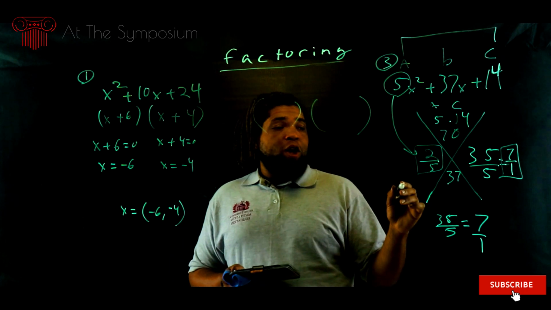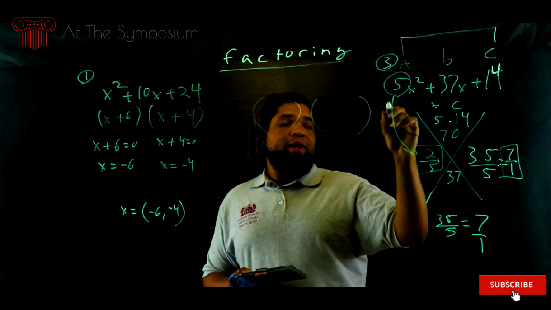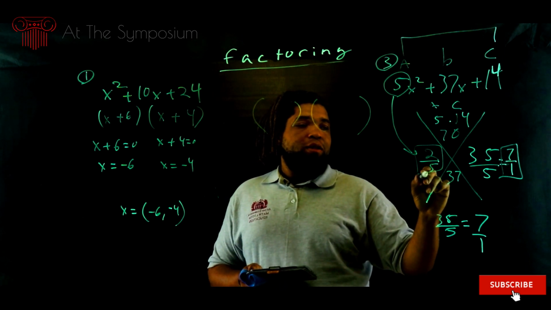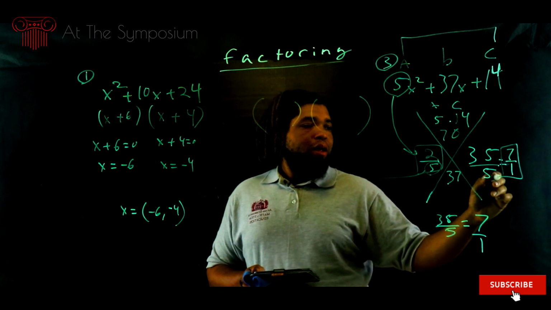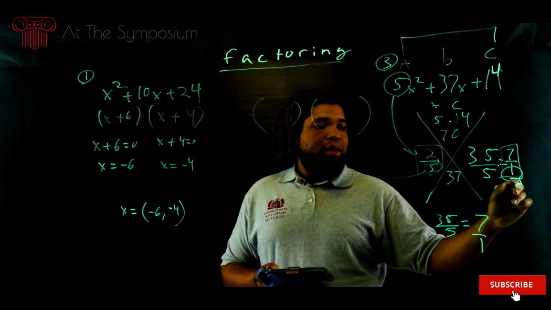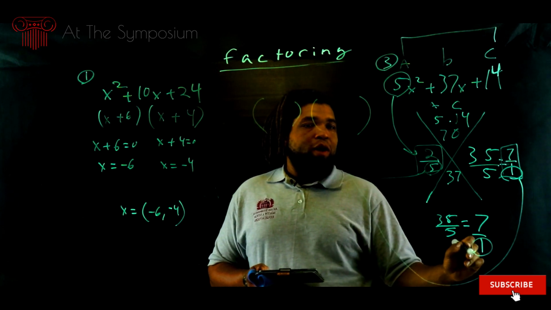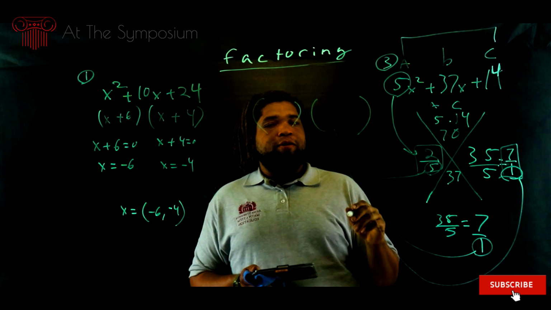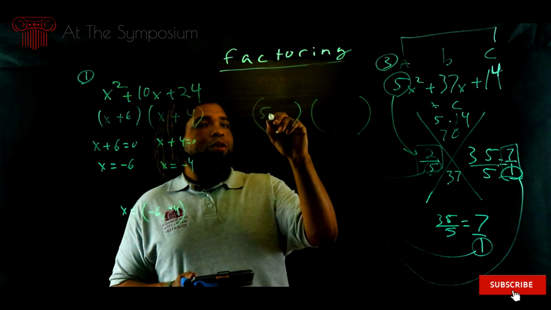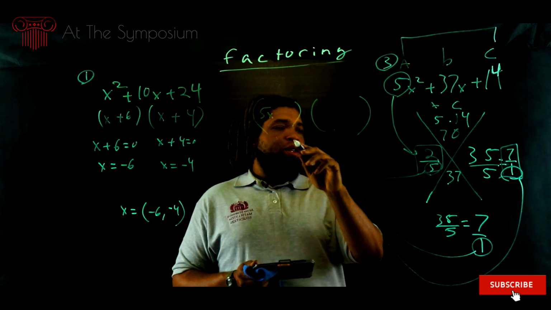So all we do is take the coefficients. Remember, the bottom number, the denominator, is always the coefficient. That's where we got 5 from. So this is our coefficient. So that means this is going to go here. And that 1 that we have here is going to go over there. That 1 over here is going to go there. Same one, just showing you for illustration purposes. So we have 5x. Again, that coefficient goes there.